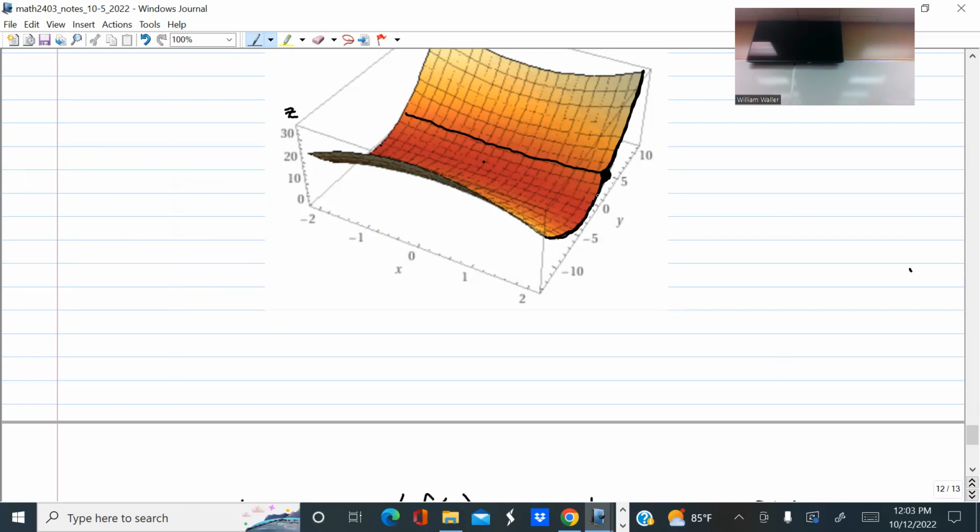It looks like we're a little bit beyond the vertex of the parabola. We're on the right side of the vertex, because it looks like the vertex of this parabola is down here, correct? So we appear to be on the increasing part of the parabola.